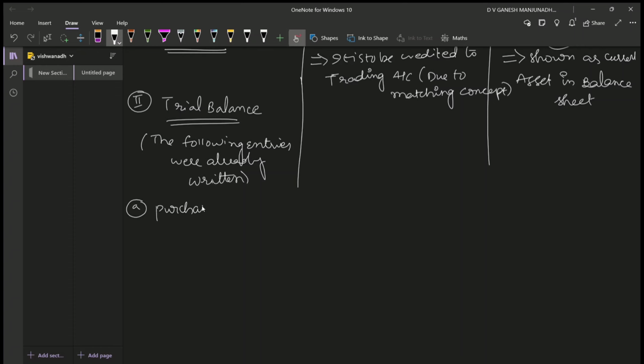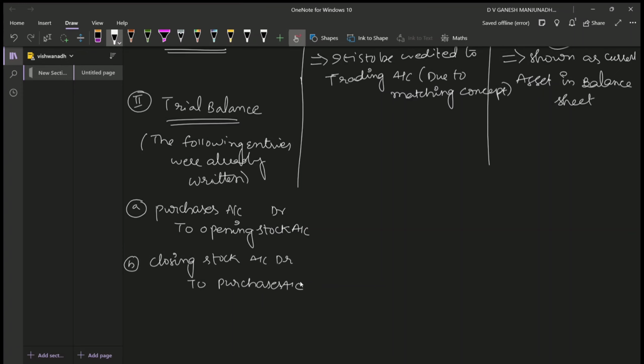purchases account that are to opening stock, purchases account that are to opening stock account, and the second entry would be closing stock account that are to purchases.